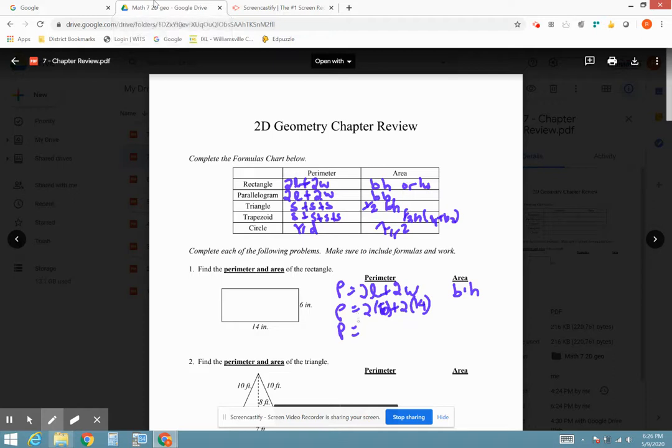I get 40 inches for perimeter. And then for area, I get 84 inches squared.